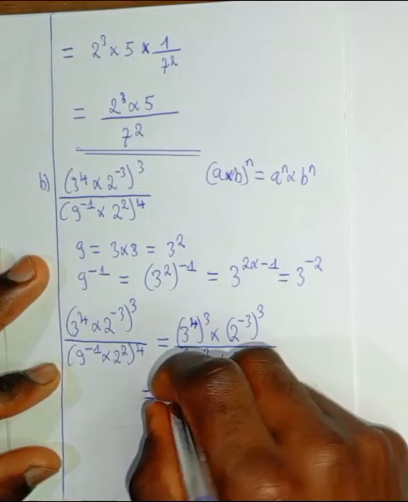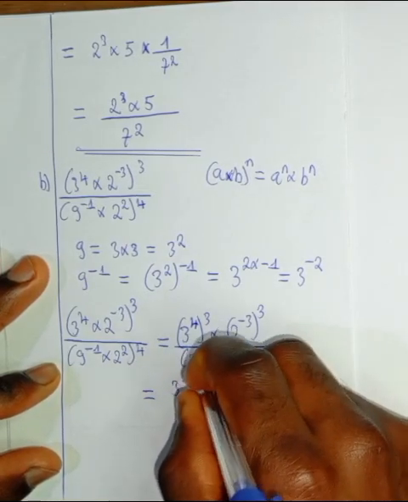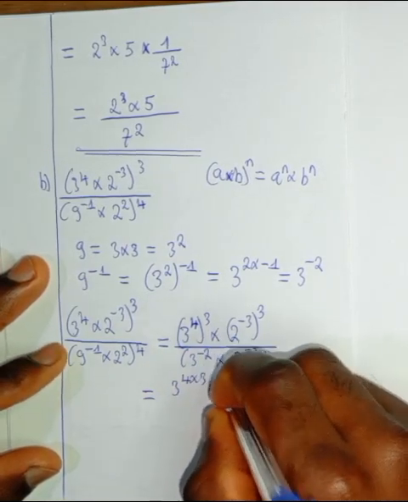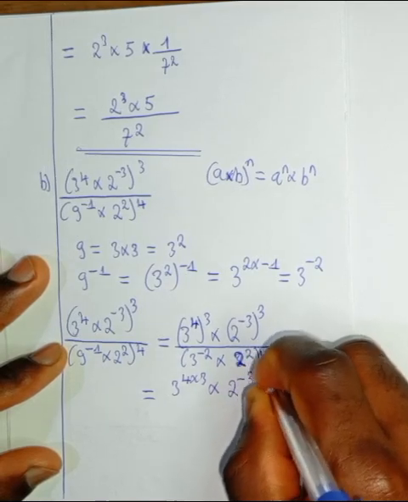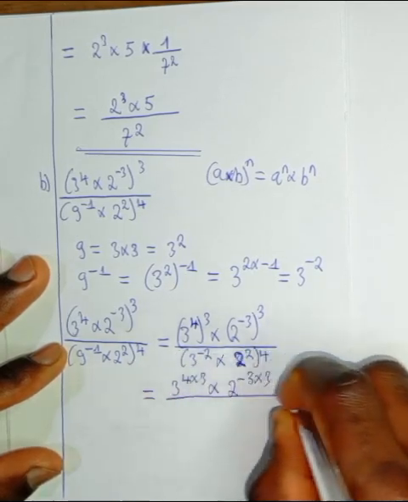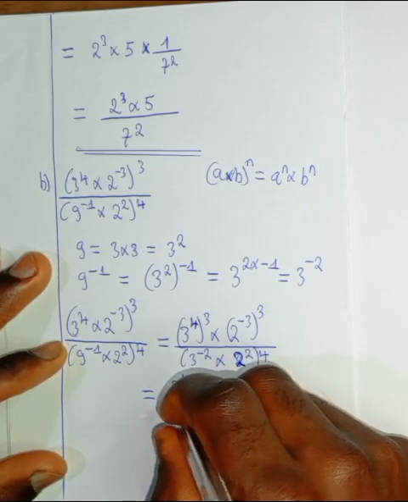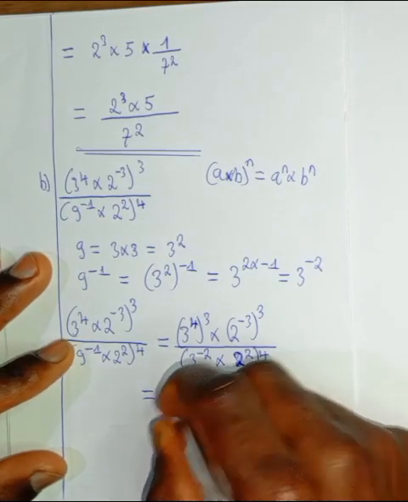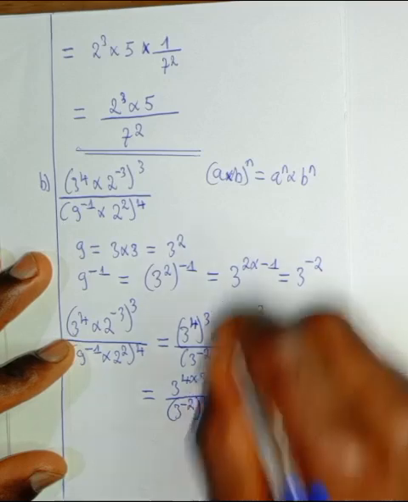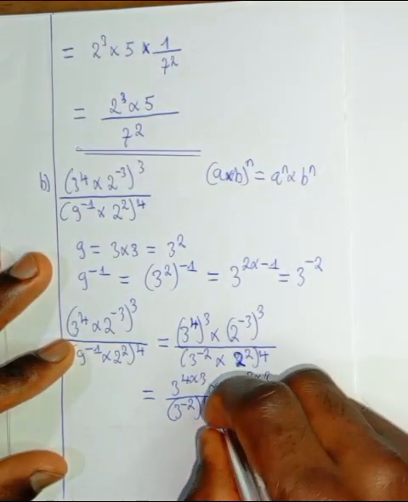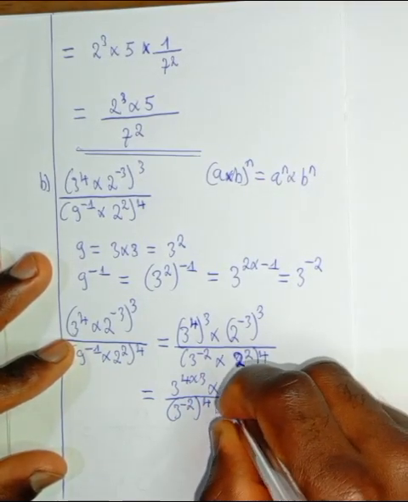This will simply be equal to 3 raised to the power 4 times 3 times 2 raised to the power negative 3 times 3 all over, here we are going to expand 3 raised to the power negative 2, all this raised to the power 4, we are applying this, times 2 raised to the power 2, all this raised to the power 4.